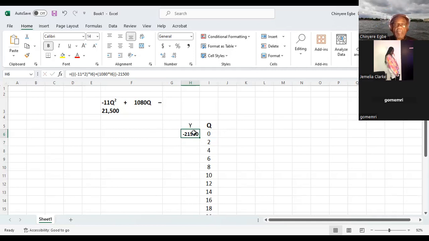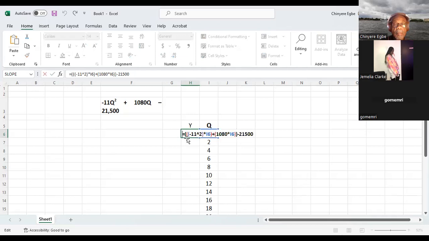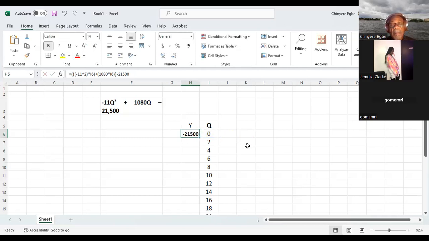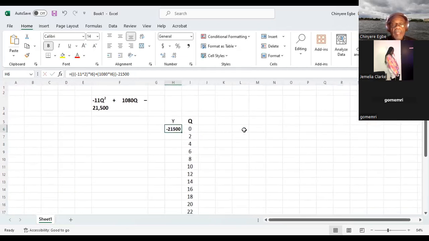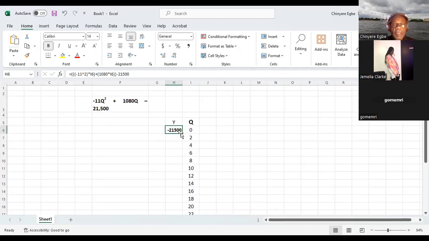If you sell nothing, your loss will be your fixed cost, okay? And I'm going to then drag this down and see what happens.